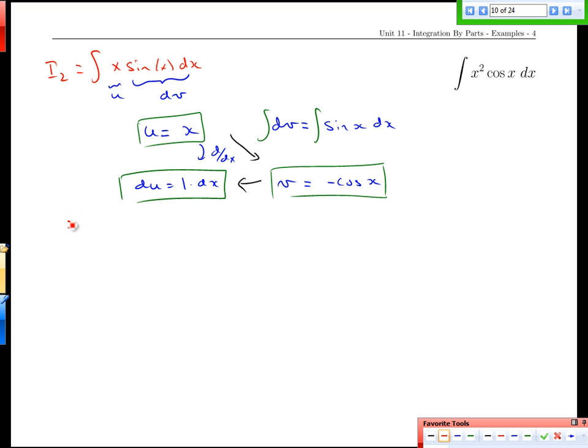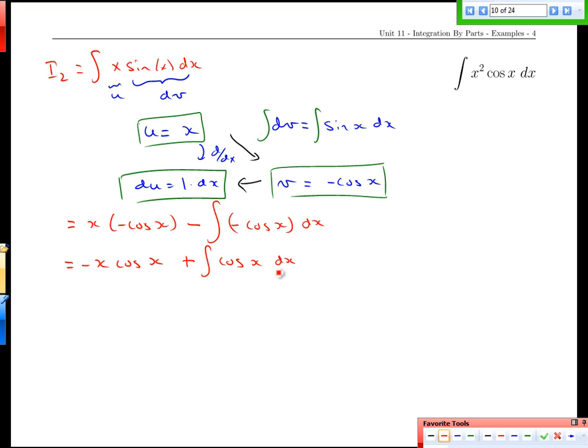So our integral up here can be replaced by x times negative cos of x minus the integral of v, negative cos of x, be very careful with your bookkeeping on these problems, dx. And that we would rewrite, just a tidying phase, x cos of x with a negative out front, double negative here, so it's plus the integral of cos x dx.